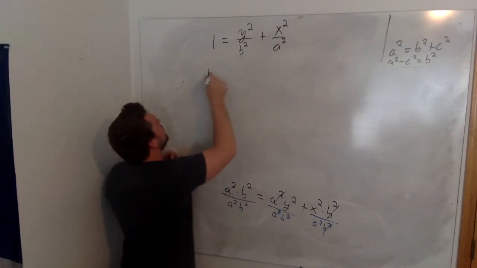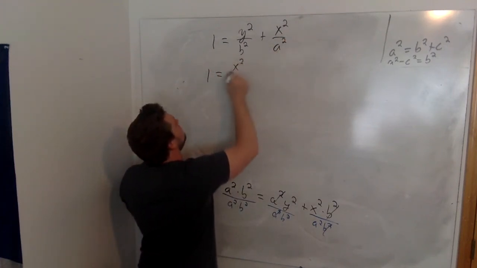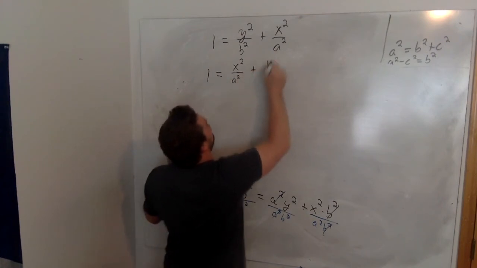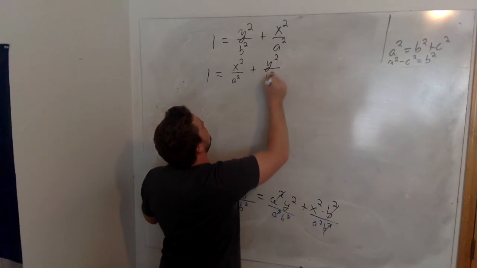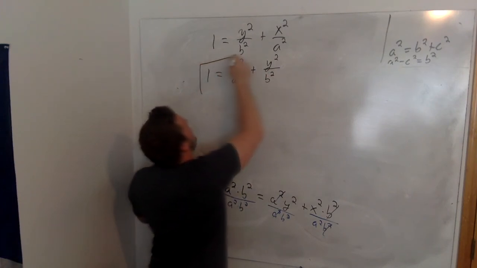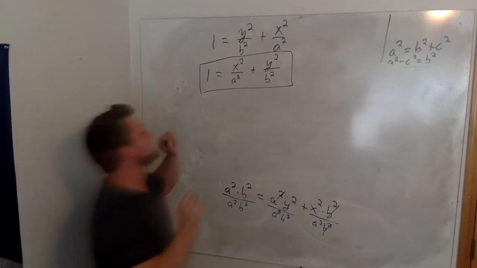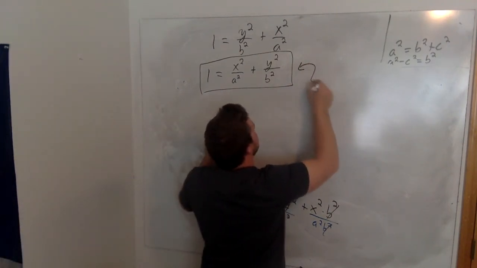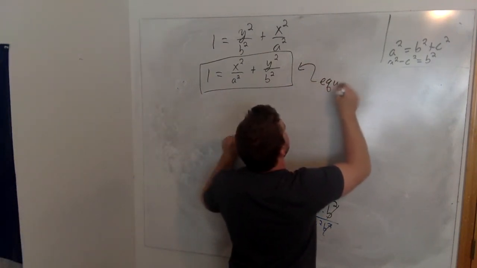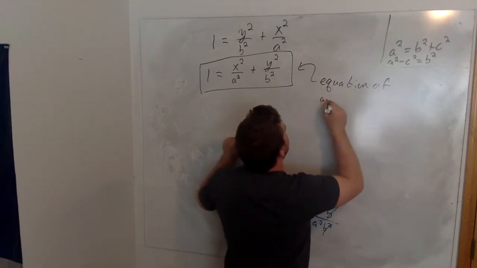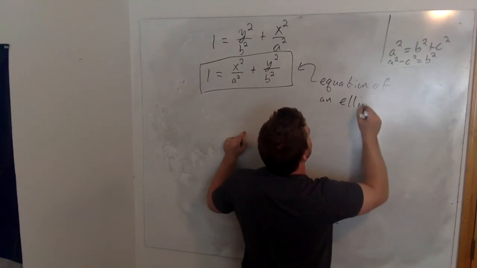Or how about I write 1 is equal to x squared over a squared plus y squared over b squared. And here we have it. This is the equation of an ellipse. Beautiful.